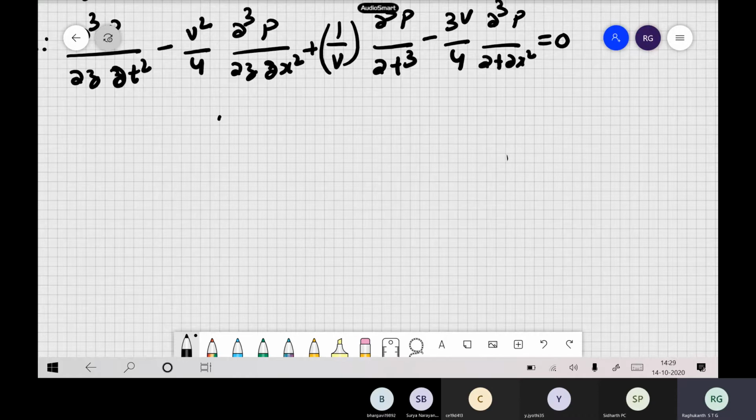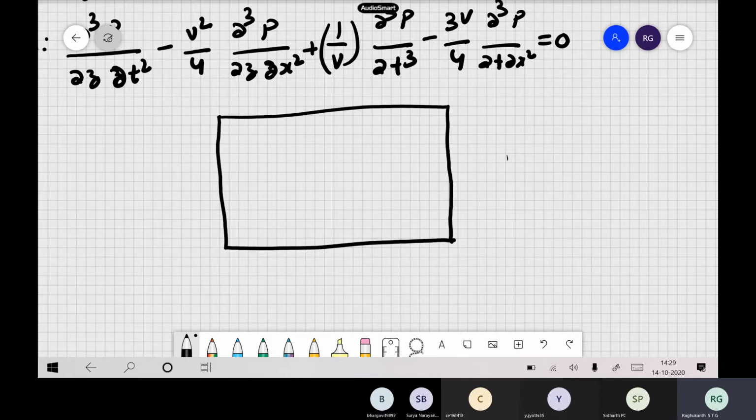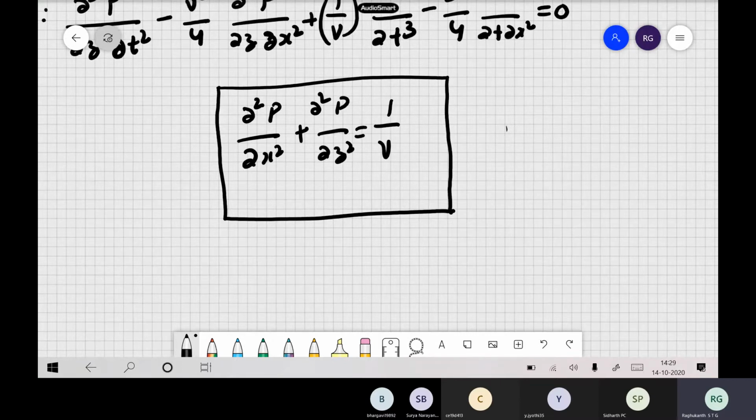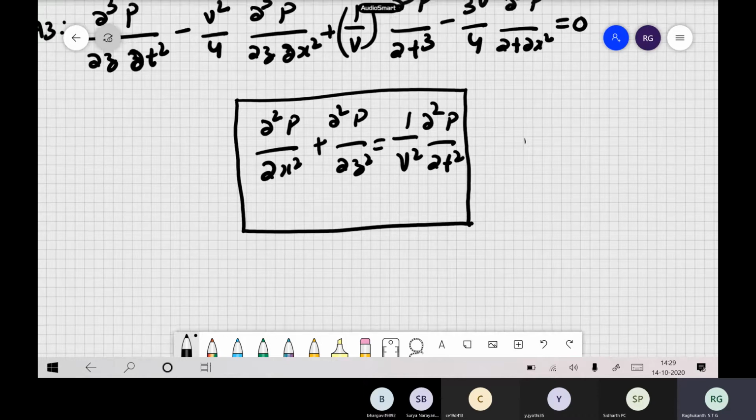Now this is my domain, my finite difference region. In this region, the equation of motion is ∂²P/∂x² plus ∂²P/∂z² equal to 1/V² ∂²P/∂t². So this is my equation of motion in this region.